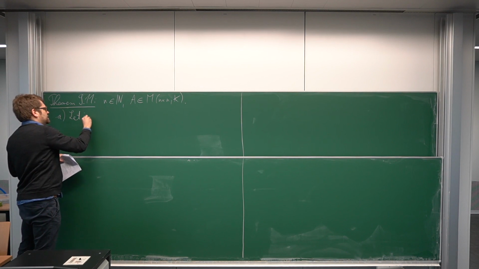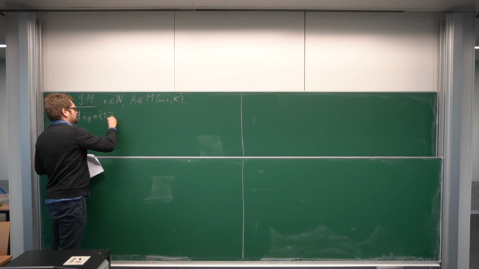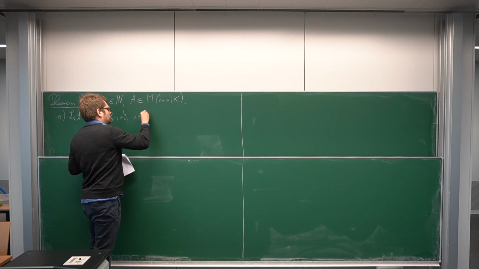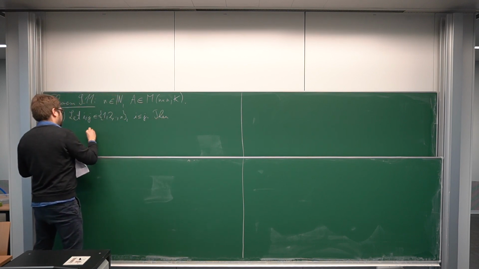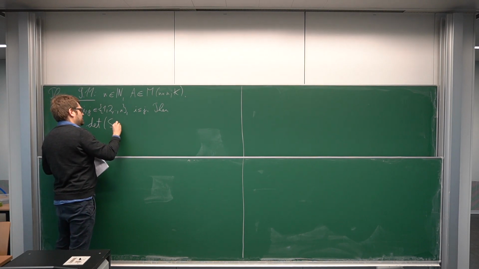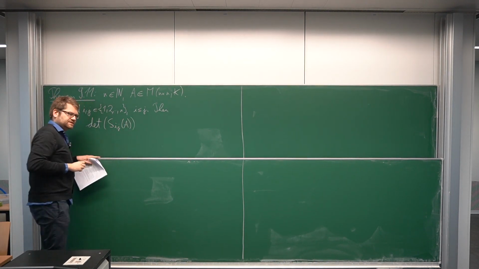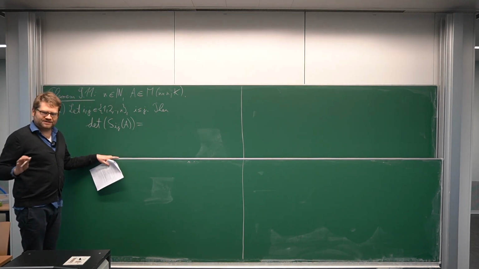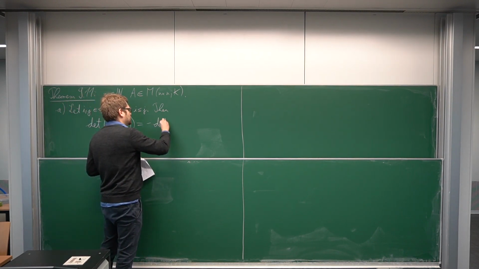Let i and j be numbers between 1 and n, with i smaller than or equal to j. Then the determinant of S_ij of A, so swapping two rows inside A, is just minus the determinant of A. It's really easy to see.